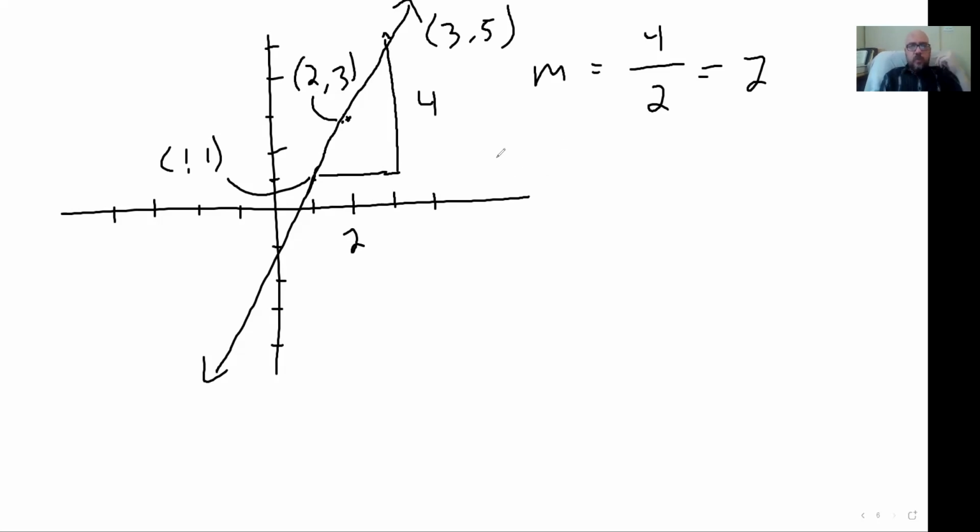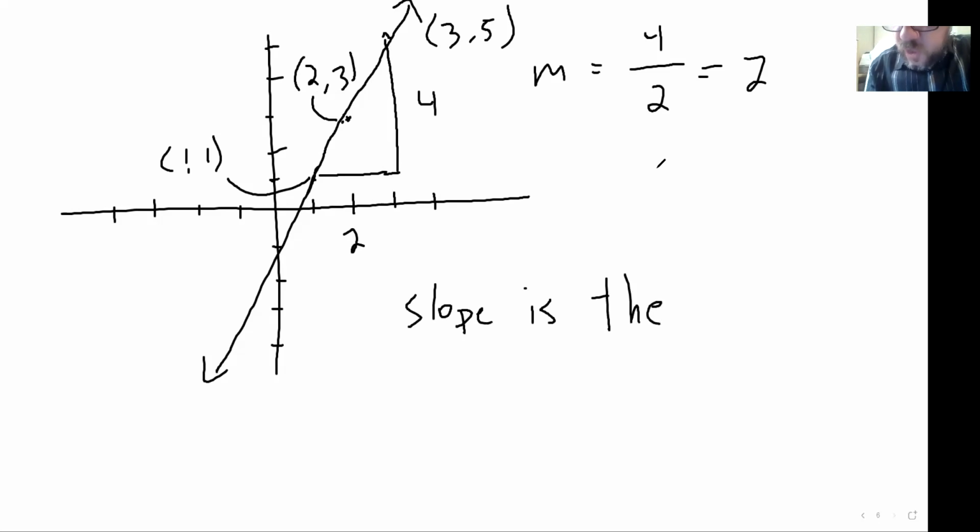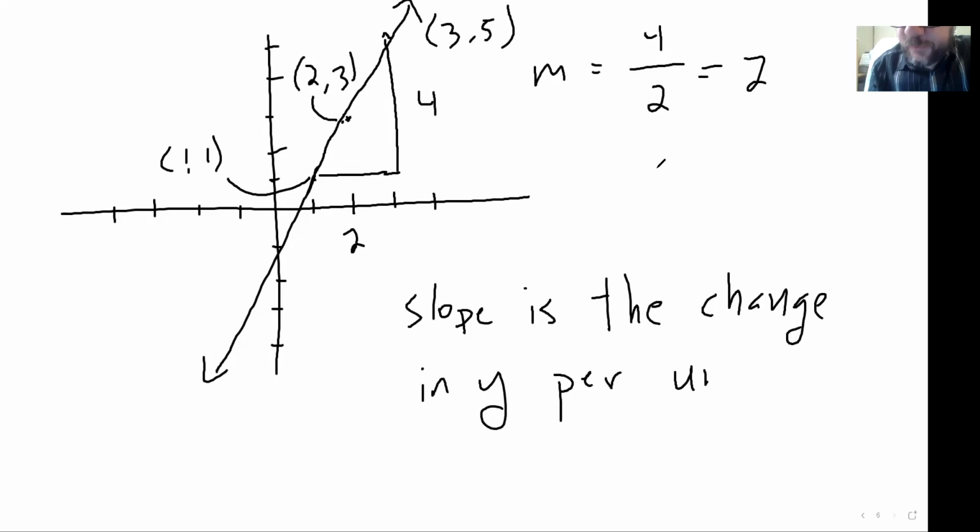So in other words, what is the change in y per unit change in x? That's what slope represents. So let me write that down. Slope is the change in y per unit change in x.